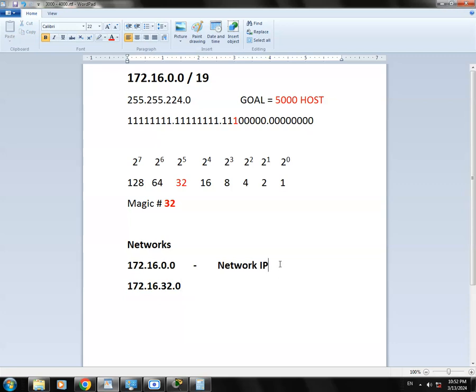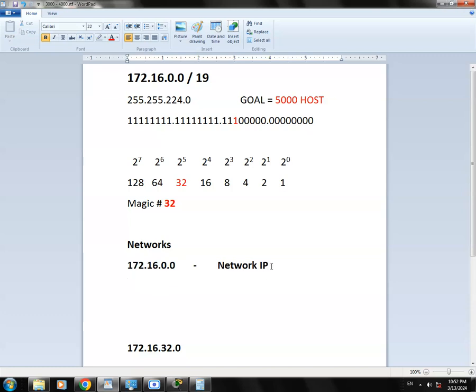So let's just place it down here, since we need to identify the available hosts that we can create on this network IP.